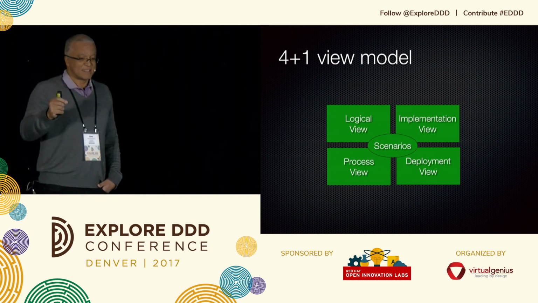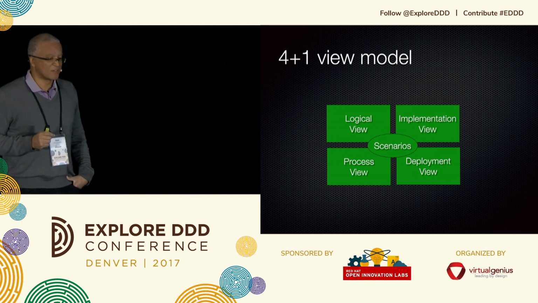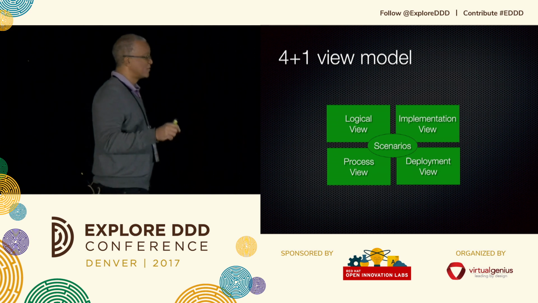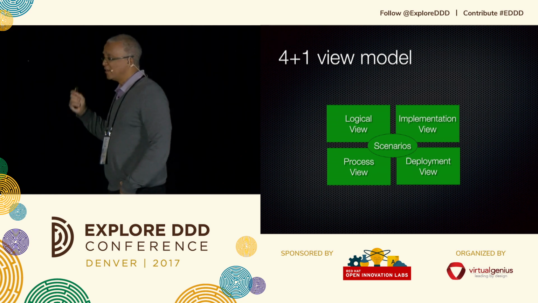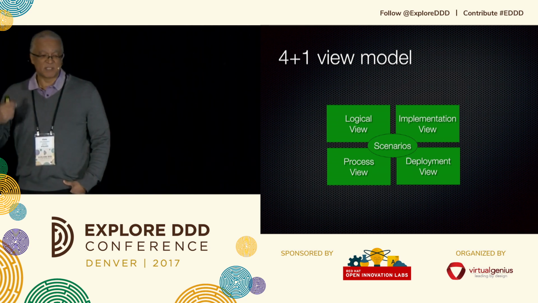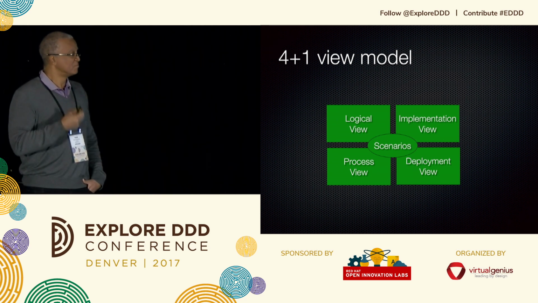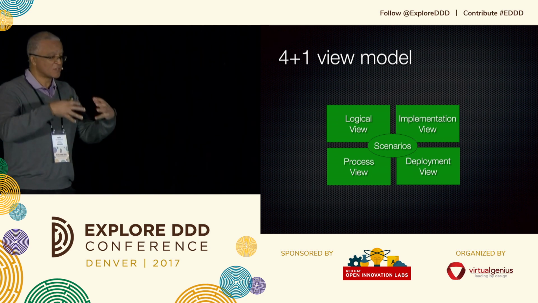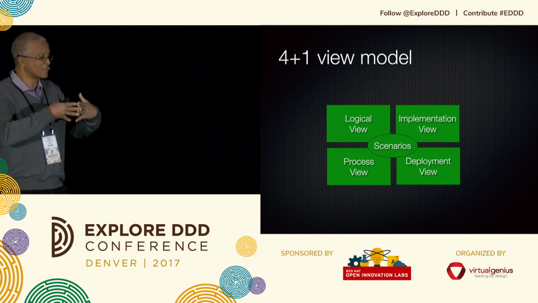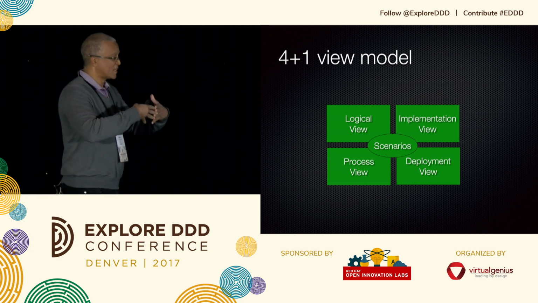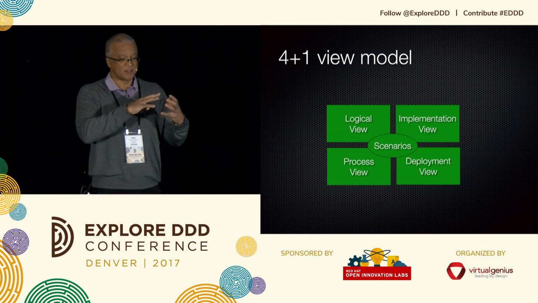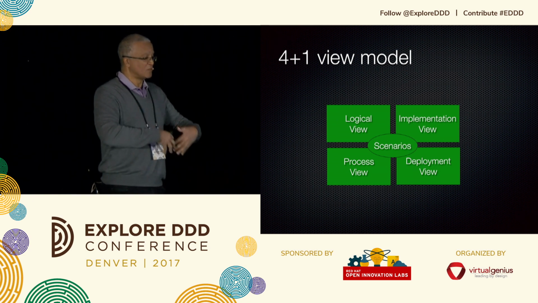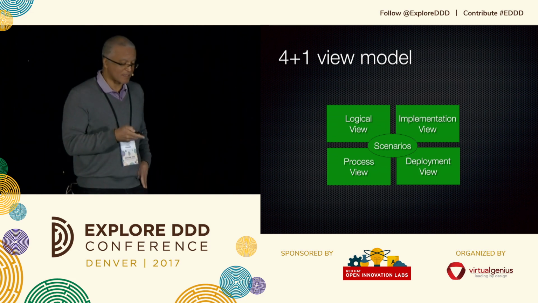So that basically defines the architecture of a software system using 4 views: logical, implementation, process, and deployment view, along with the +1, which are the scenarios that animate those views. A scenario shows how the elements within a particular view collaborate and communicate in order to fulfill a request.